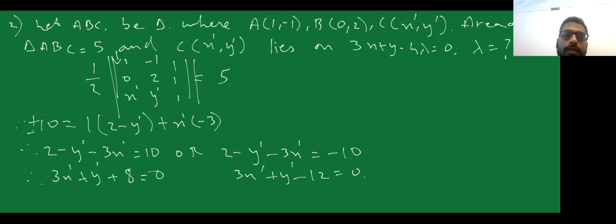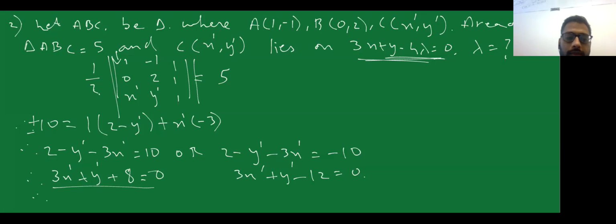So in this particular case, I've just opened my determinant and written two equations. I hope that everyone knows how to solve a determinant, so I'm not going into much detail. If you have any doubts in any step, you can ask, or else I'm going to proceed. It is given that point C lies on the line 3x plus y minus 4 lambda is equal to 0.